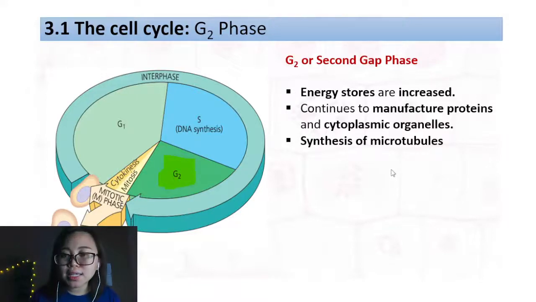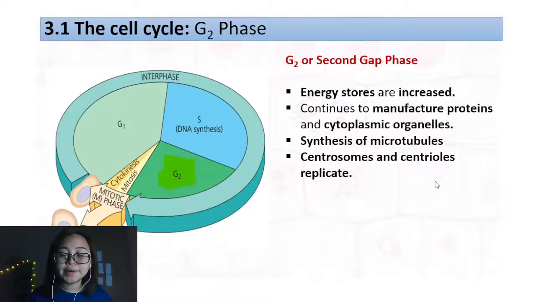It will synthesize microtubules. Okay, so sini dia jana tenaga dalam bentuk ATP. Dia masih hasilkan protein, masih hasilkan organelle. Tapi yang special di sini kamu nampak dia mula menghasilkan microtubule. Dan pada masa yang sama, at the same time, it will also replicate the centrosomes and centrioles.